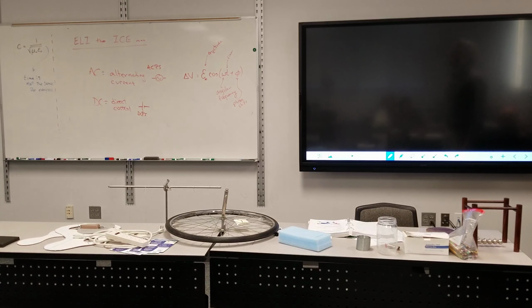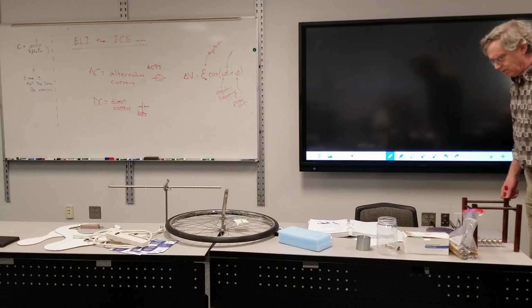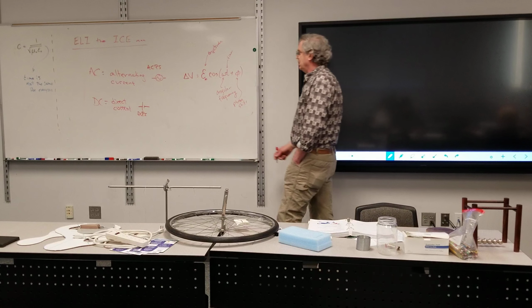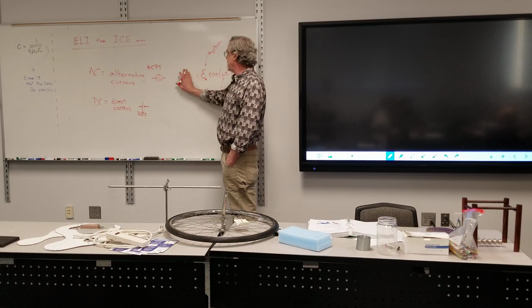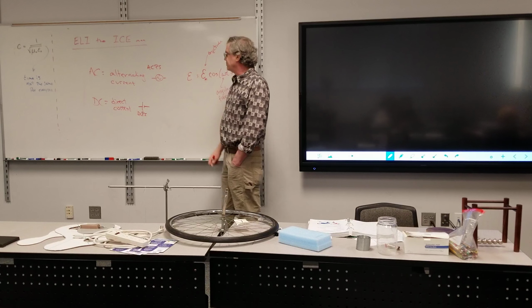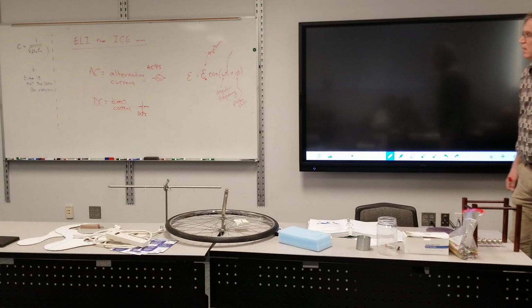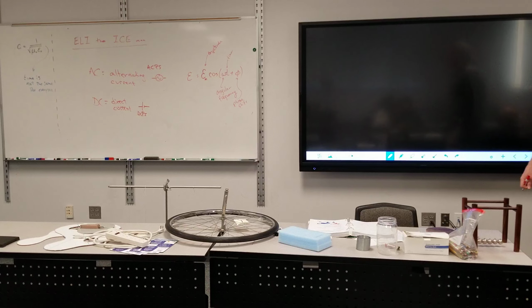Now, for whatever reason, when we get into the notation, you typically stop using the delta V. Instead of using delta V, you use epsilon to represent the EMF, which is the ideal voltage. This basically came down to the fact that we're dealing with the EMF.